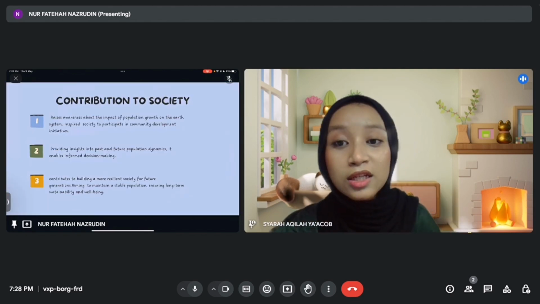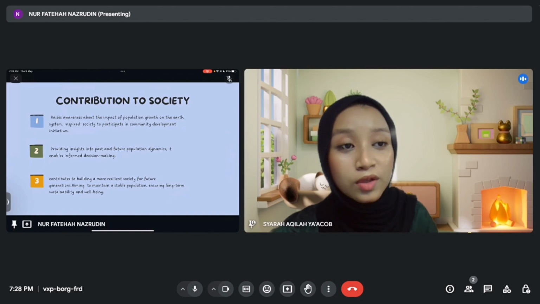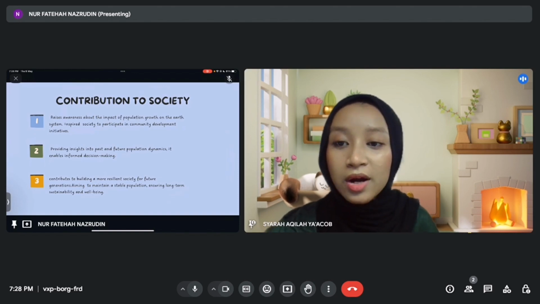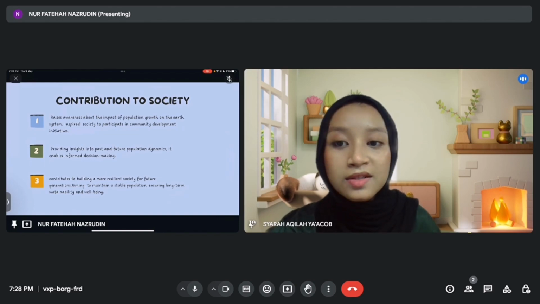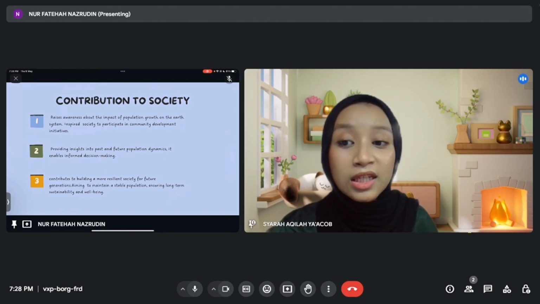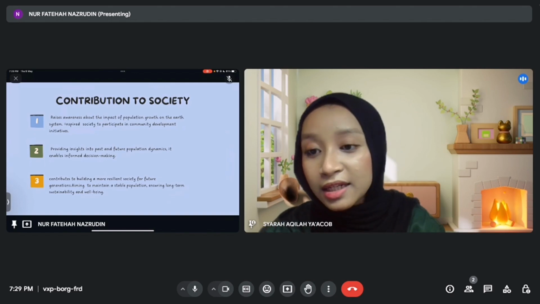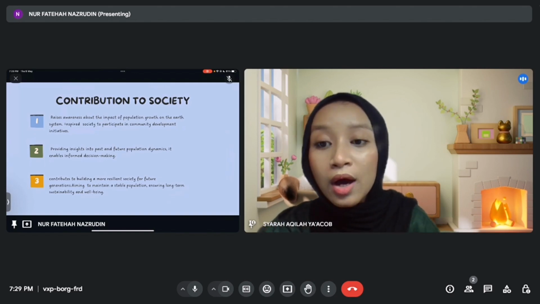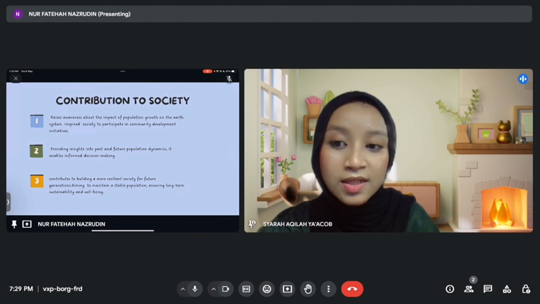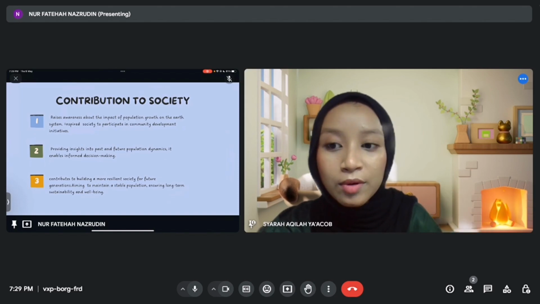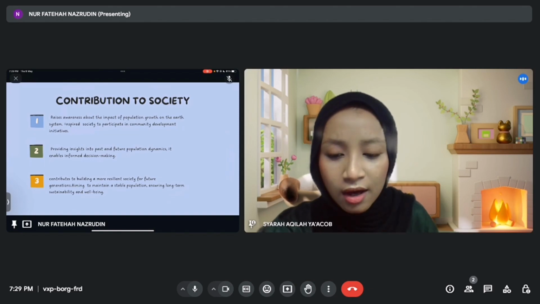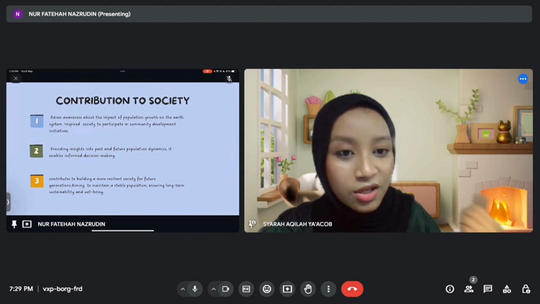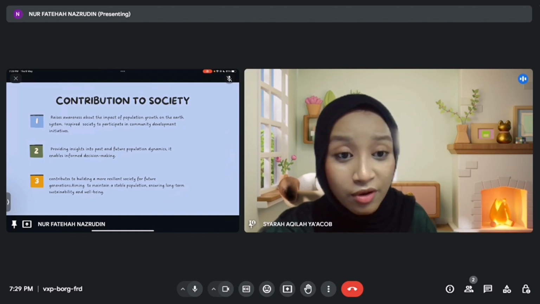Next, let's see the contributions of this project to society. First of all, it raises awareness about the impact of population growth on the Earth system and inspires society to participate in community development initiatives. Secondly, it provides insight into past and future population dynamics so that it can enable informed decision making. This involves studying trends such as birth rates, death rates, migration patterns and other demographic factors.